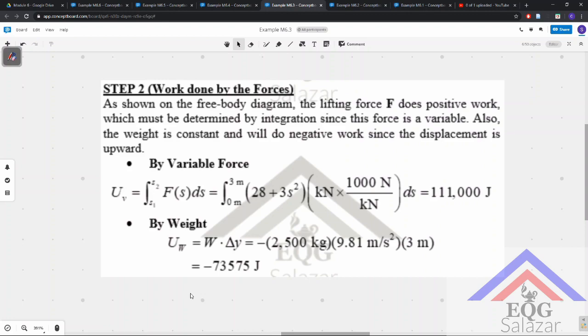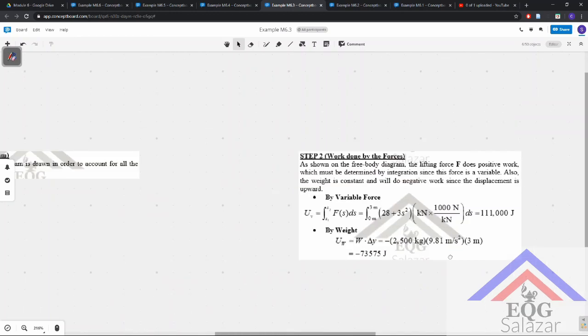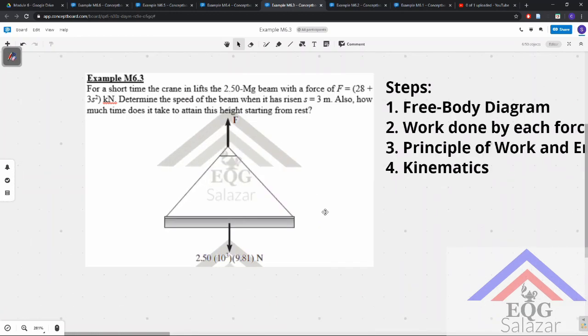Now the work done by the weight is basically just weight times the change in position with respect to the y-axis. This is essentially negative because it is going against the motion.